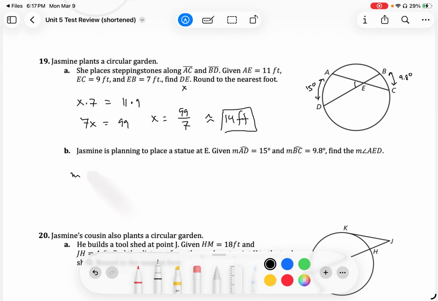So I know that the measure of angle AED is the average of those two arcs. So I can do 15 plus 9.8 and divide it by 2, to get 12.4 degrees. Doesn't seem like this is drawn to scale, but I think that's what we would get.